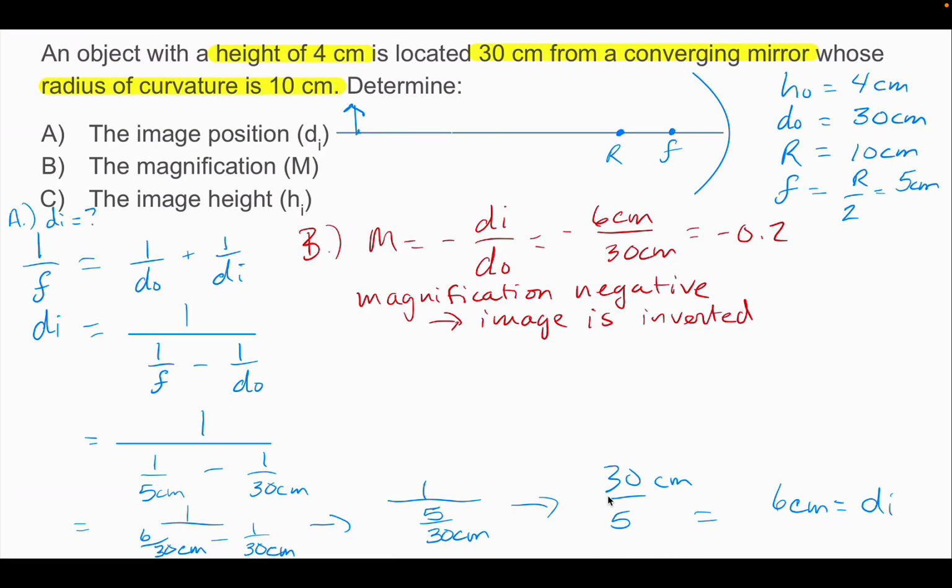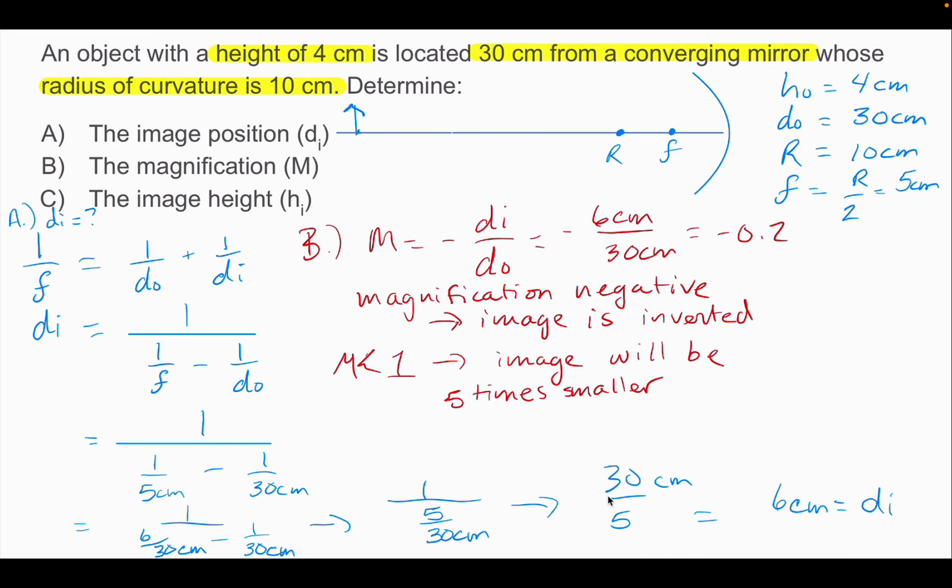It's going to be upside down. If the magnification is less than 1, it's telling us that it's going to be smaller. Remember that if M is less than 1, the image will be 5 times smaller.